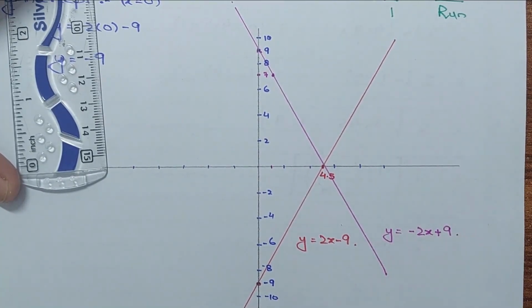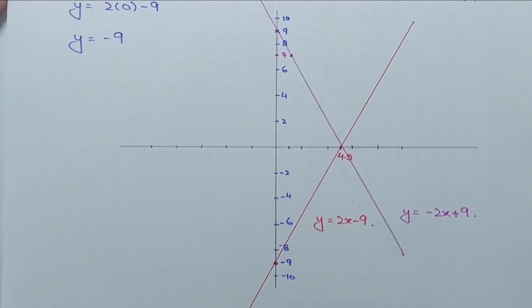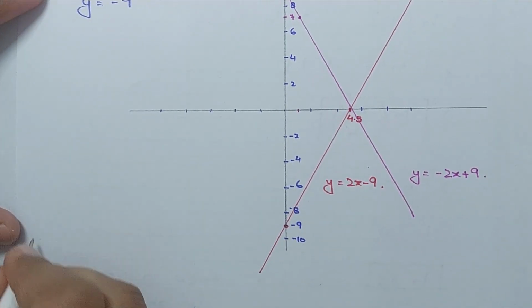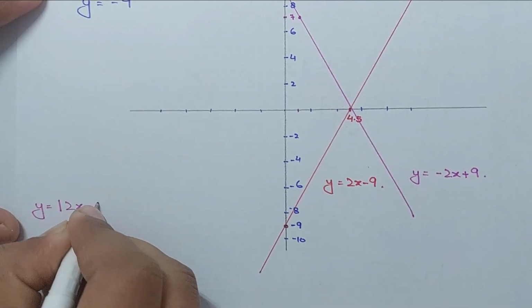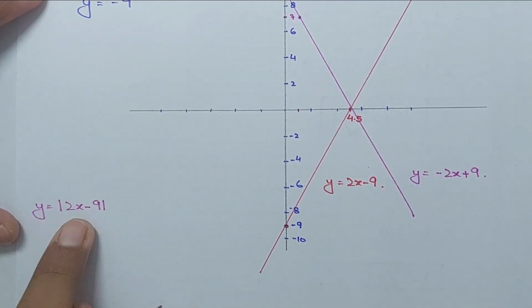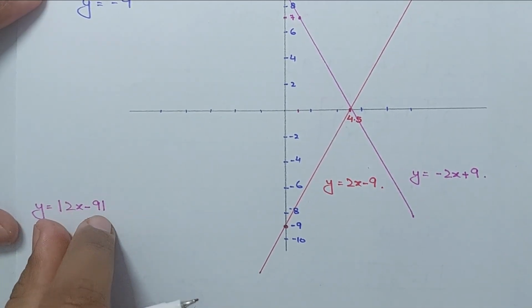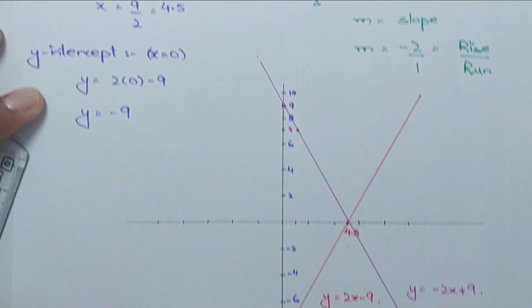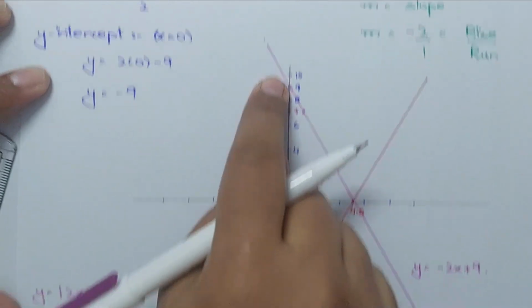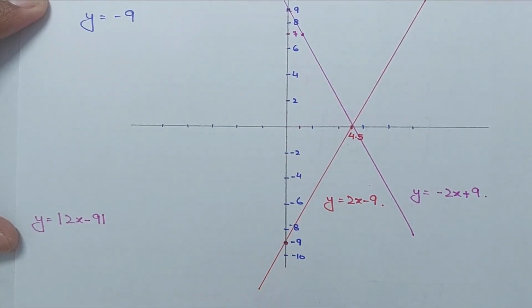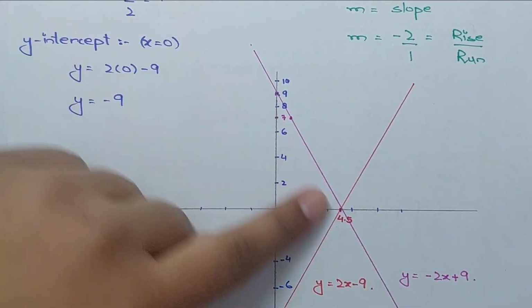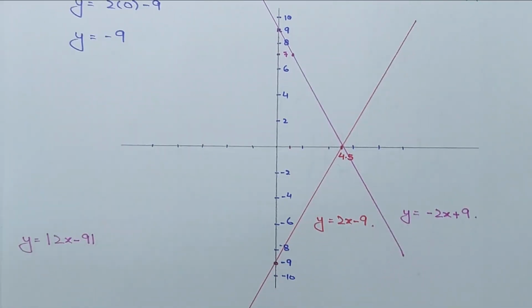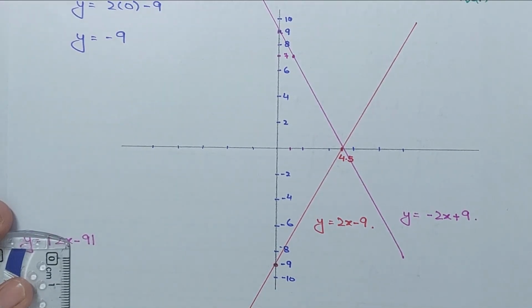Now for the absolute value function, what is the graph for y equals absolute value of 2x minus 9? As you can see, the function is absolute, meaning it's always positive, right? So the y's are always positive. We are not considering the negative values of y. So we are not considering this part of the graph, just this V-shaped graph is the absolute function for 2x minus 9.